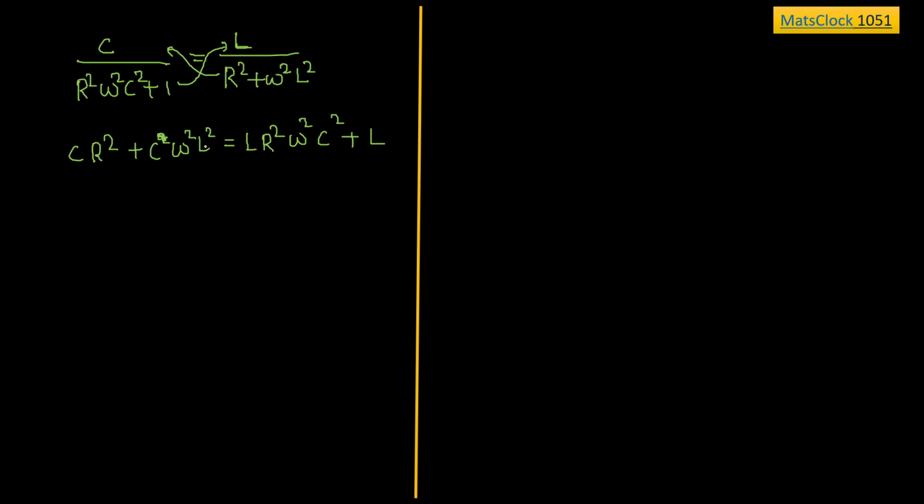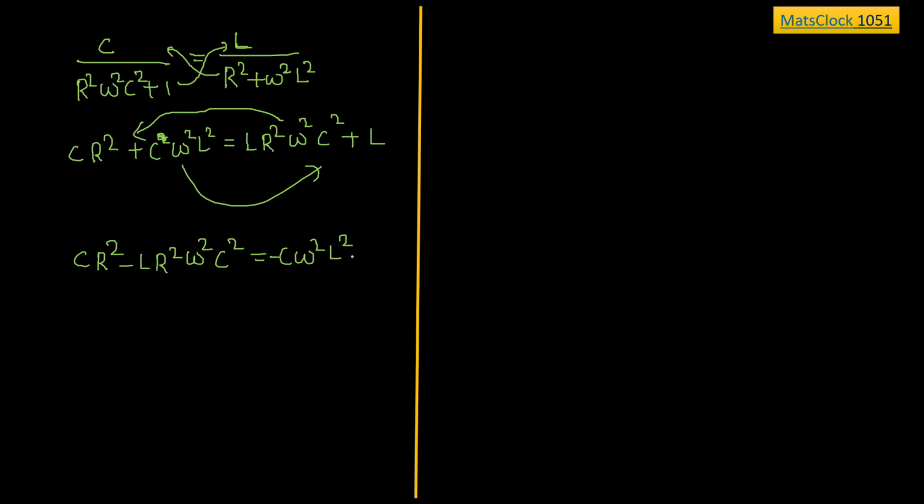We are focusing on the value of r square. So bring this term to the left hand side, pass this one to the right side, such that this can be further written as c r square minus L into r square omega square c square equal to c omega square L square minus, this is minus plus L.